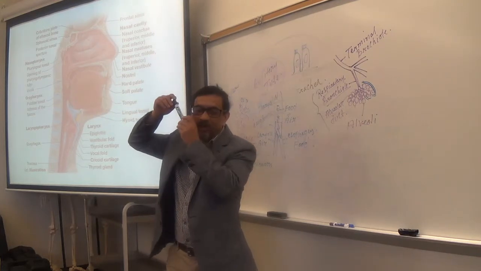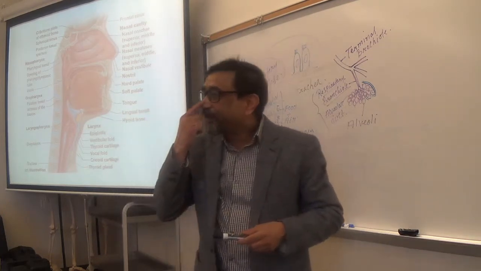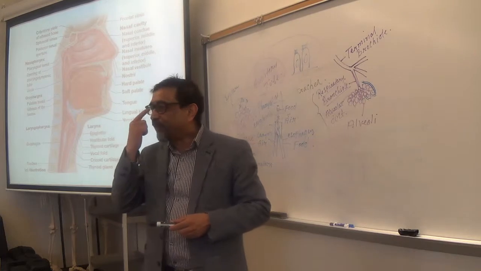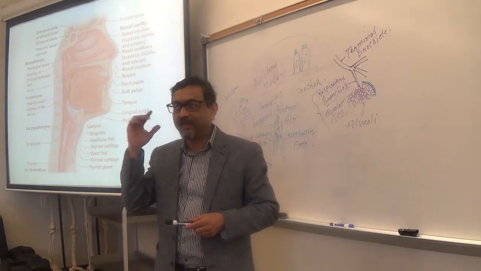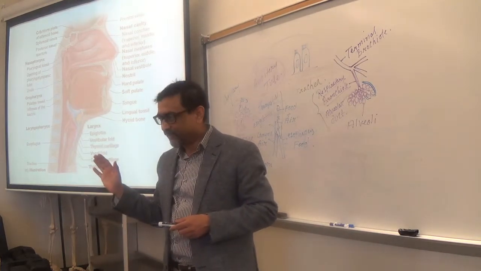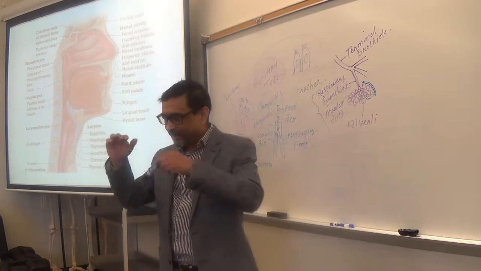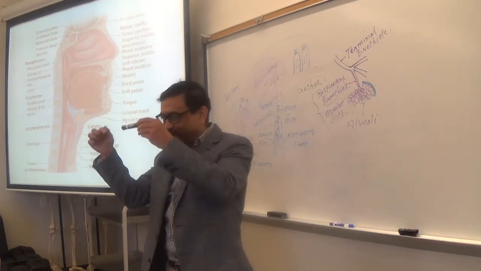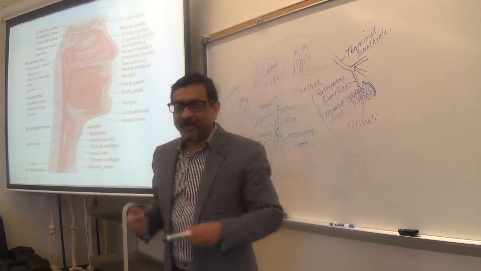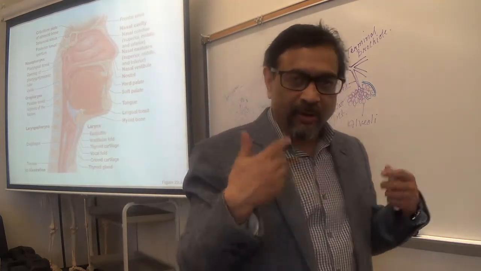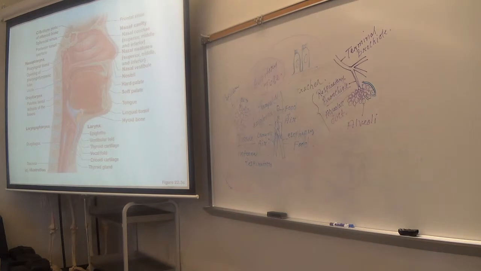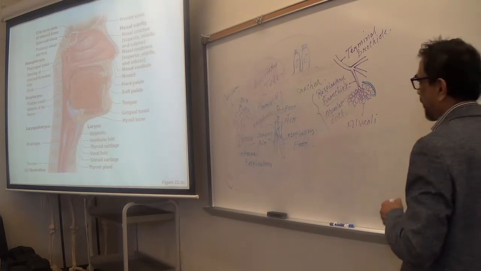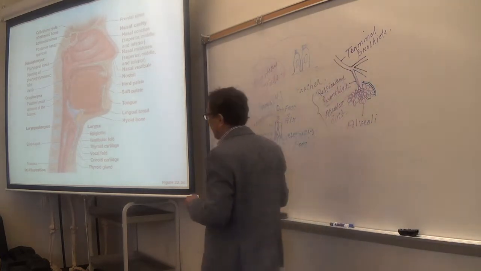So fluid can easily move from the nose to the ear in infants and kids, because the tube is short and more horizontal. Inside the nose, the microorganisms can easily enter, so from the nose the microorganisms can easily go to the ear.